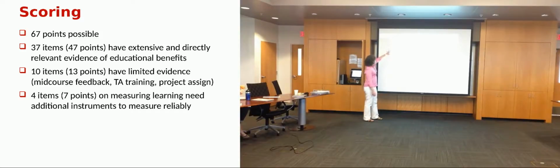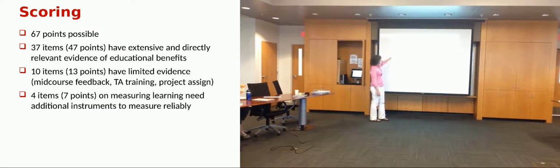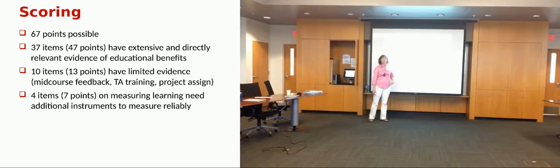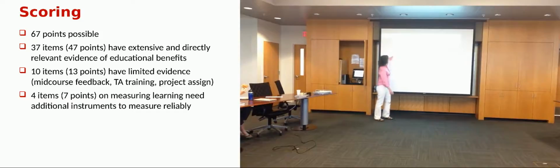There's 37 items worth a total of 47 points that are based on extensive and directly relevant evidence of educational benefits. So these are all items for which there is strong evidence in the science education literature that these are beneficial for student outcomes. There's 10 items that have more limited evidence, mid-course feedback, TA training, project assignment, for which there is some evidence in the science education literature that these are useful practices to engage in, but the evidence isn't as strong as in this category.